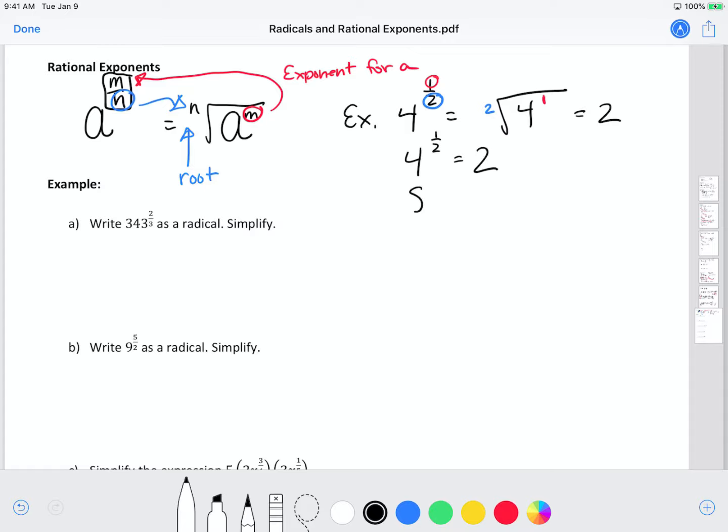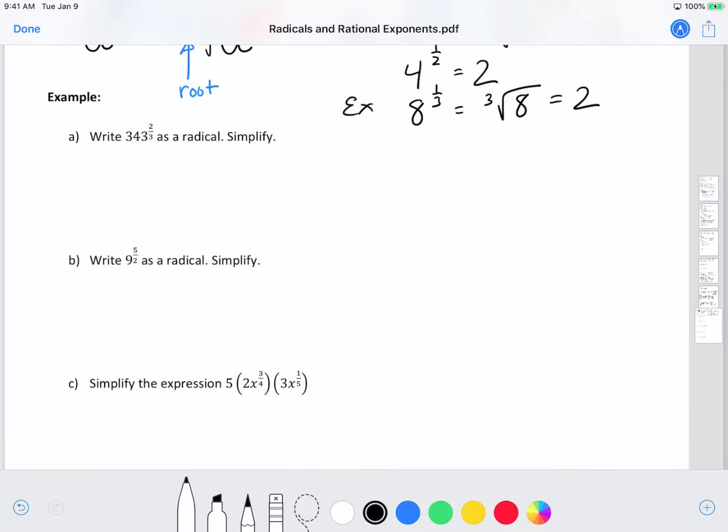If I put in on the calculator 8 to the 1/3, that means the third root of 8, which is 2. So just to give you some examples, if I wanted to take the fourth root of something, another way I could write that is with an exponent of 1/4. So in example A, we have 343 to the 2/3 power.